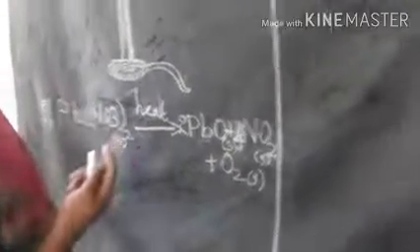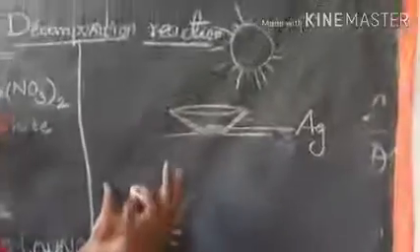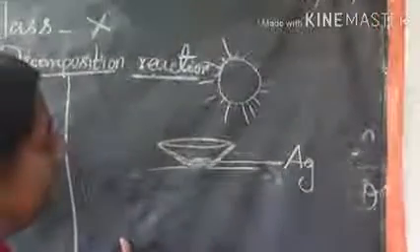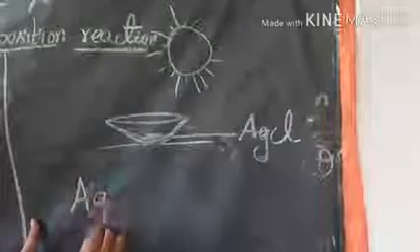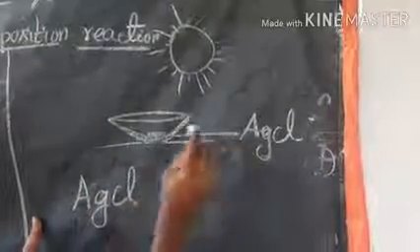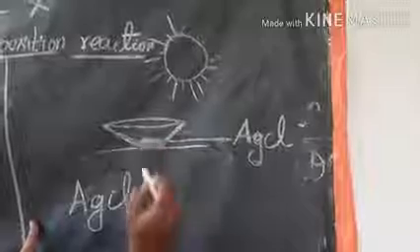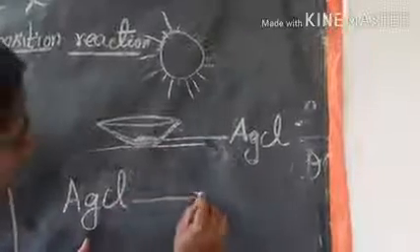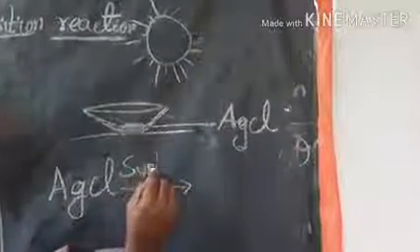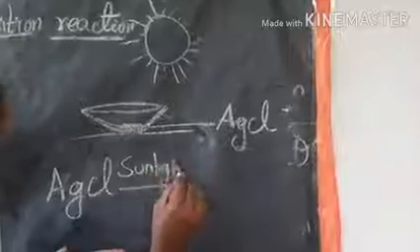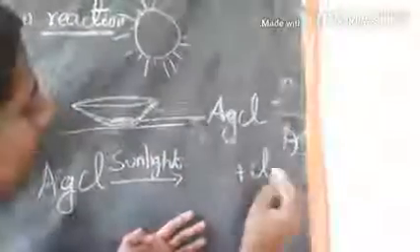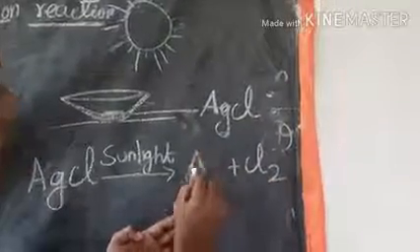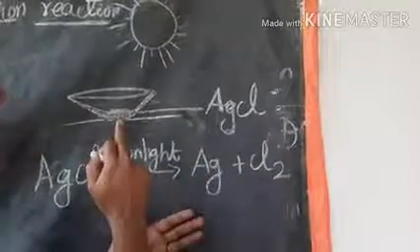Now, another example let us see. Silver chloride is taken in a china dish and left in the sunlight. The condition is sunlight. So, chlorine gas is evolved and only silver is left behind.